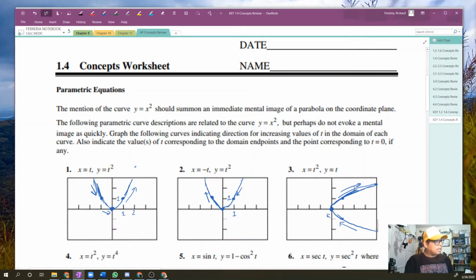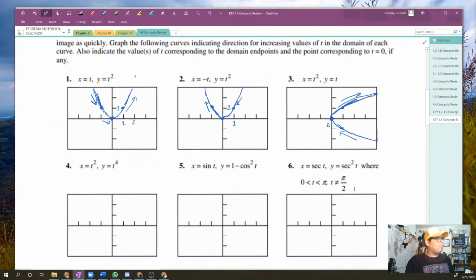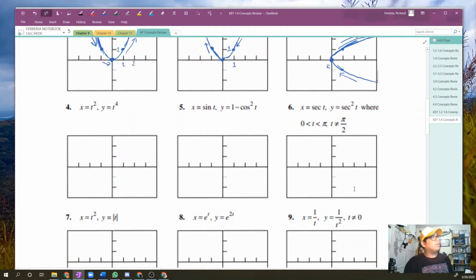All right, moving on to question 4. x equals t squared and y is also equal to t squared. How's this going to go? What happens when t equals 0? That's always a good place to start. 0, 0. What happens when t equals 1? When t equals 1, the x-coordinate is 1 and the y-coordinate is 1.